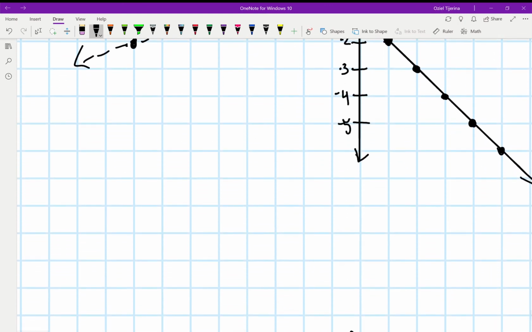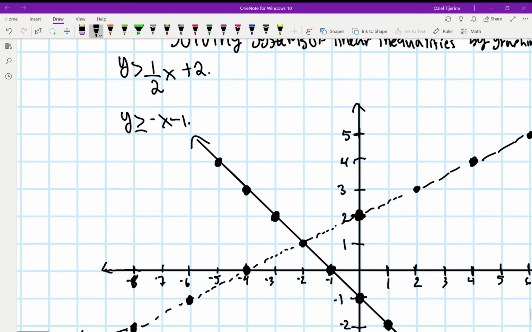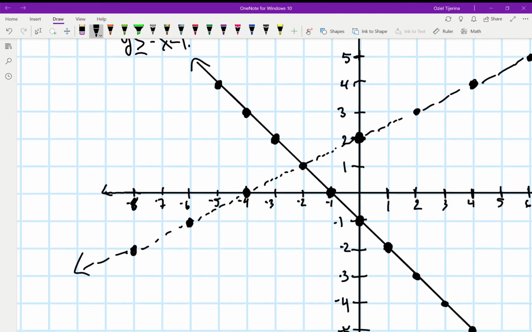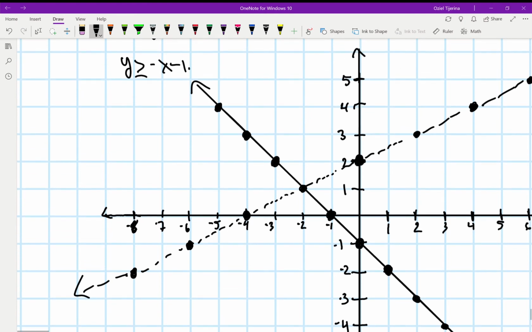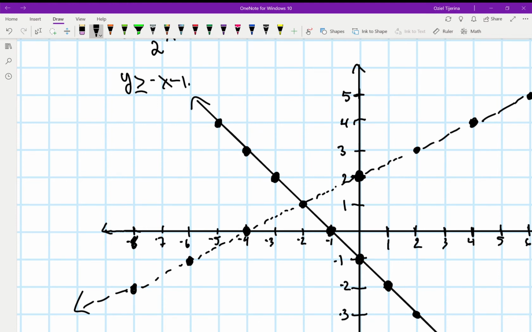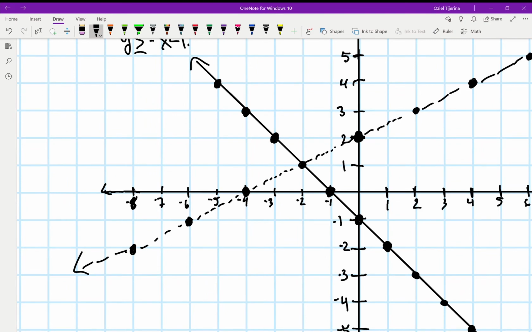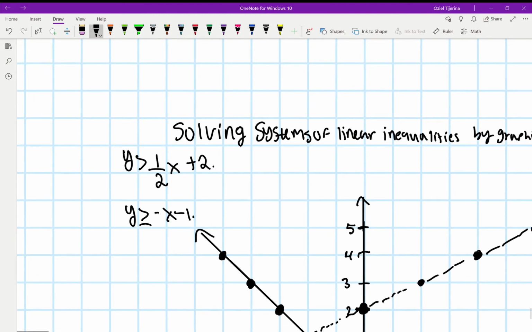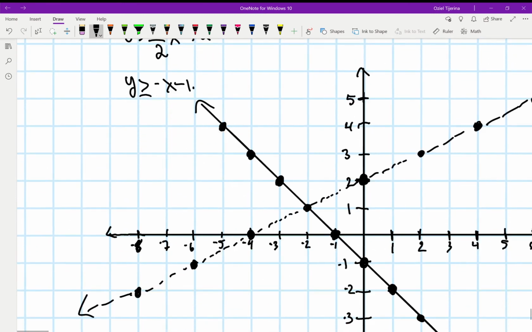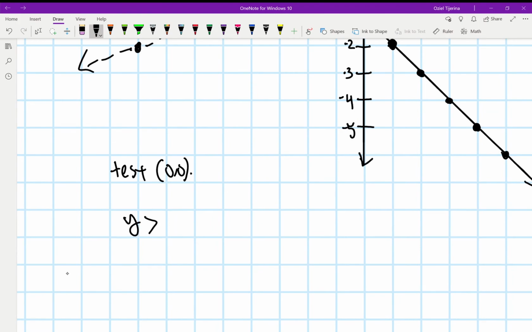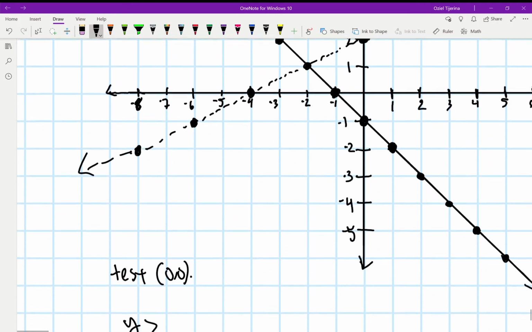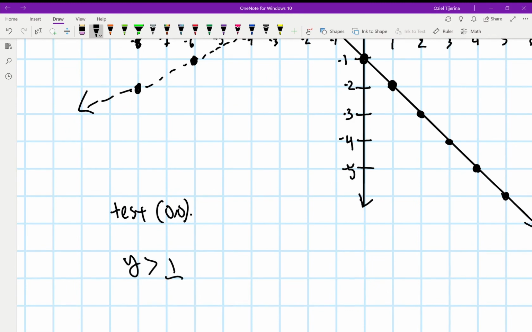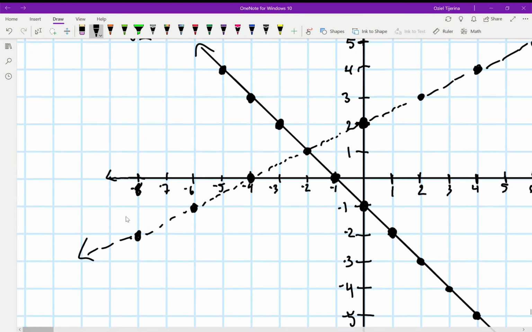Remember that in any inequality, when the test point satisfies the inequality, that means you're shading in that area. Let me explain what that means. So for example, we have y is greater than 1/2 x plus 2.